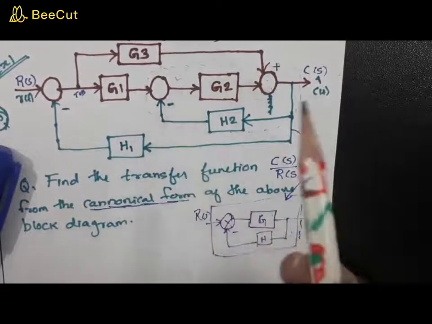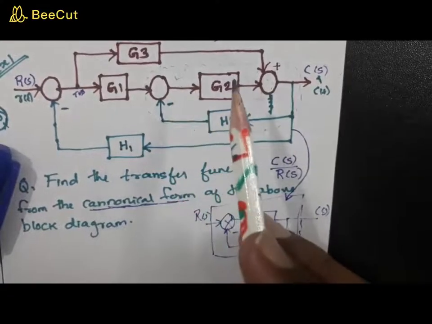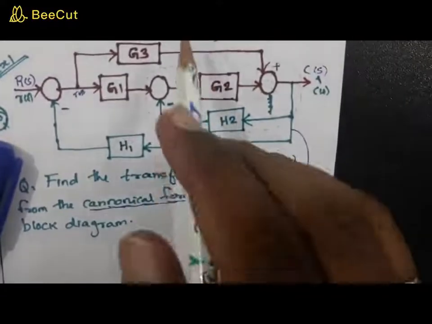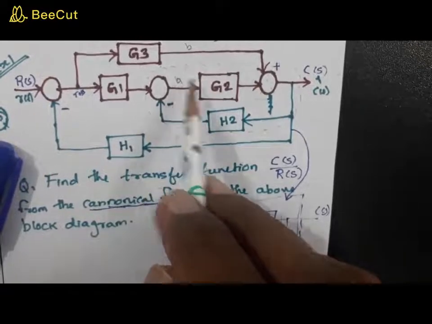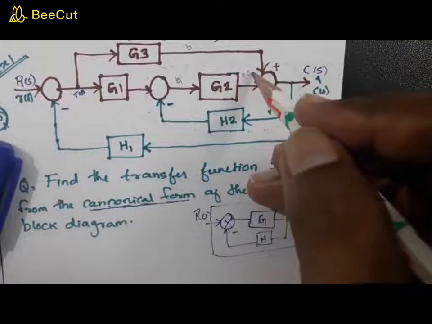Now placing this summer at this point has some challenges, and that's what I'm going to explain. See, I'm using two signals, call them small a and b. A and b are the two signals passing through this path. Now what happens when it reaches here? This is a into G2, am I right?